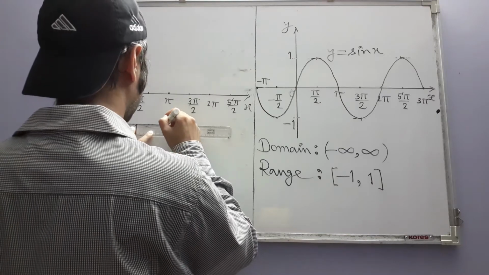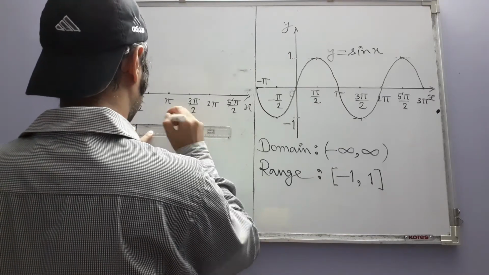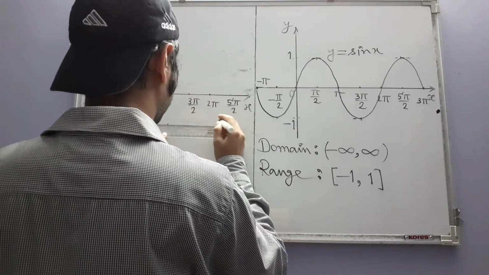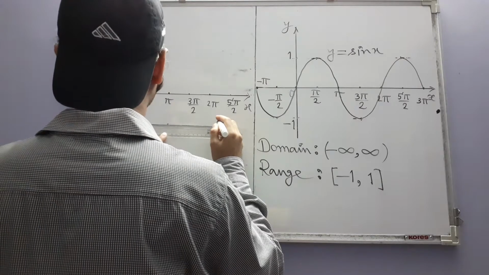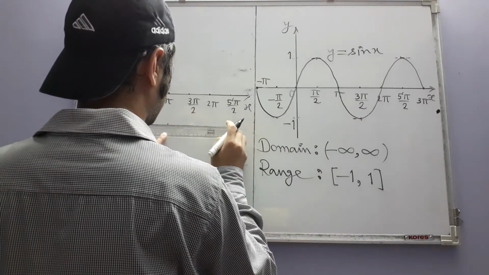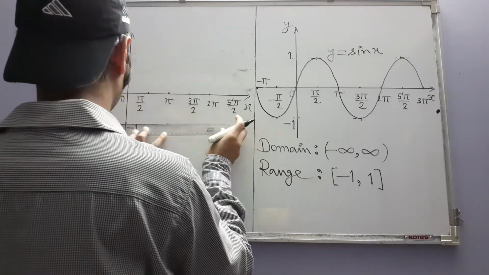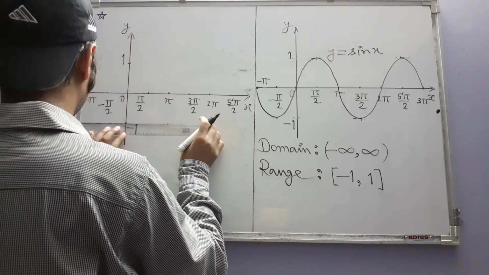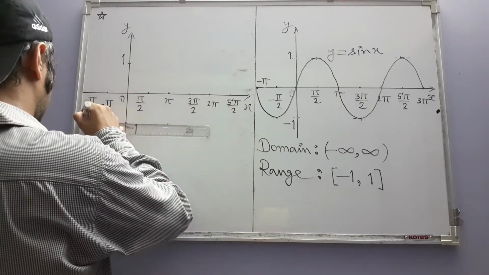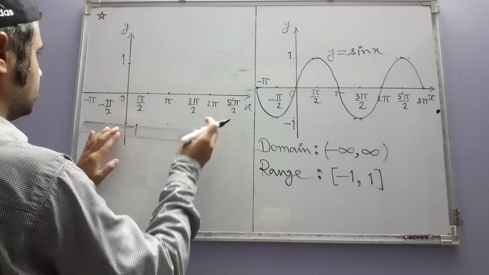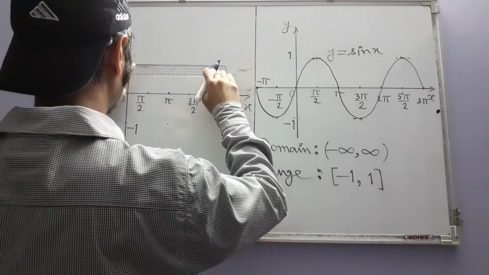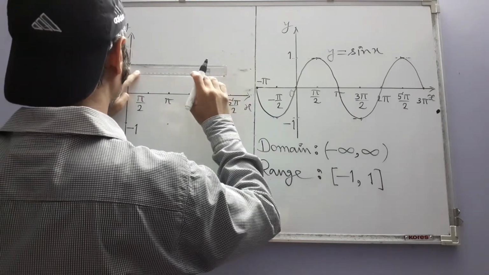Instead, let's just directly guess the lowest points. Pi, then 3 pi, 2 pi, and it will go like that. So on this side, minus pi by 2, minus pi, and on the positive side of the y-axis.